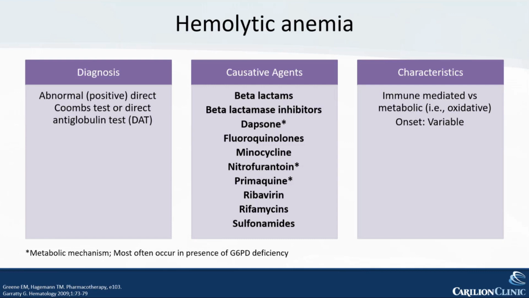It's generally 5-day courses for uncomplicated cystitis, but dapsone and primaquine both can be used for extended durations in patients and do have an association. And getting a G6PD is really important in those situations. Ribavirin's well known for causing hemolytic anemia. Fortunately, we rarely use that anymore, but we also can see it with our rifamycins, sulfonamides, even fluoroquinolones have the potential to cause it, so it can be seen with other agents.